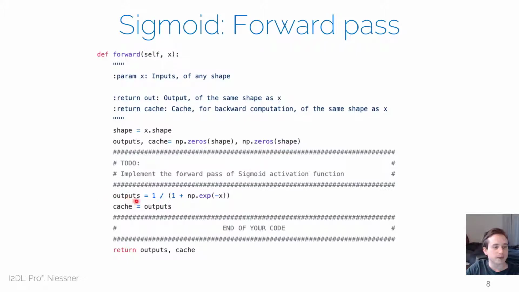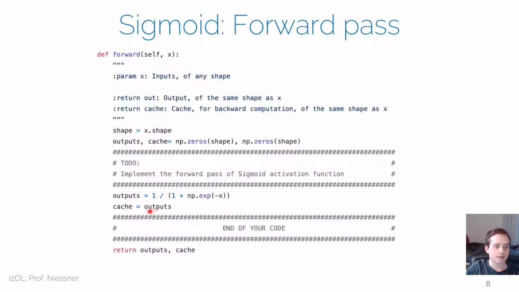So here you see basically exactly the mathematical formulation of the sigmoid function, but remember that x here is not a scalar value, it's a vector with n dimensions, and because it's numpy, numpy can also handle that and does it coordinate-wise. So basically the exponent here is happening for every coordinate independently. So is the 1 plus, and so is the 1 divided by. So this is doing already the sigmoid for every coordinate.